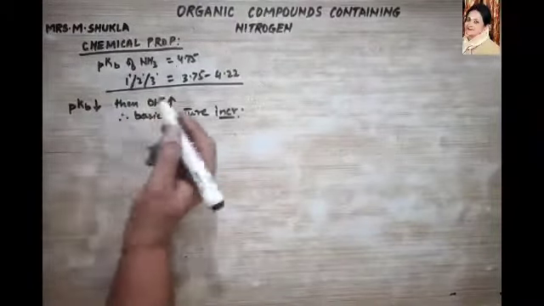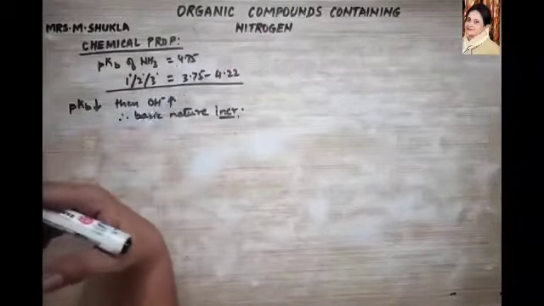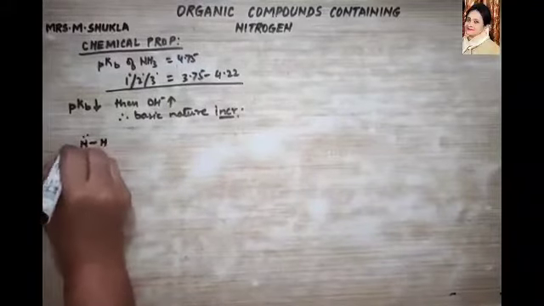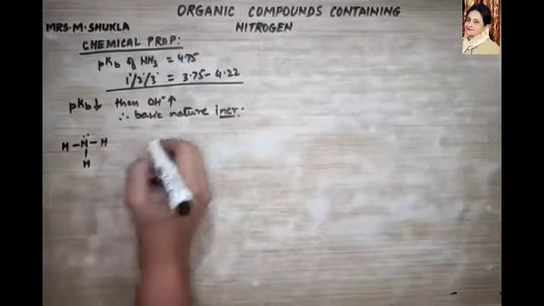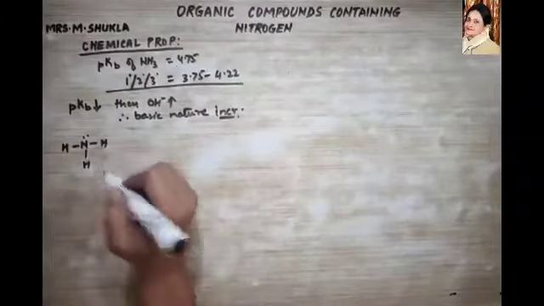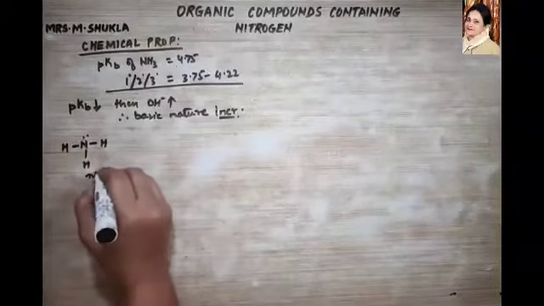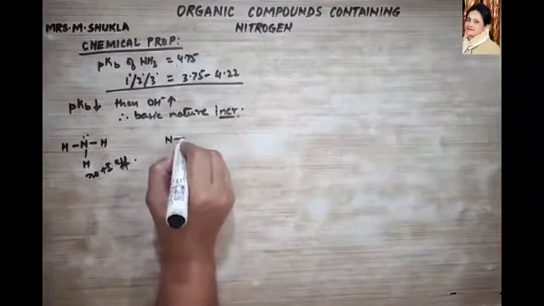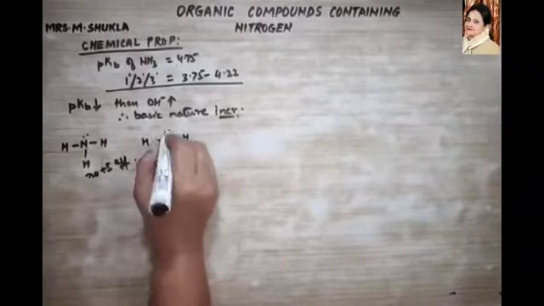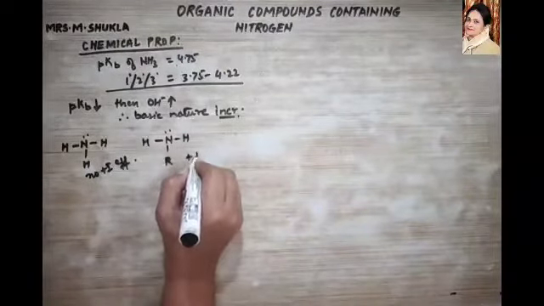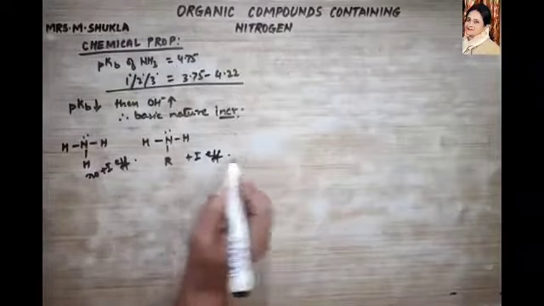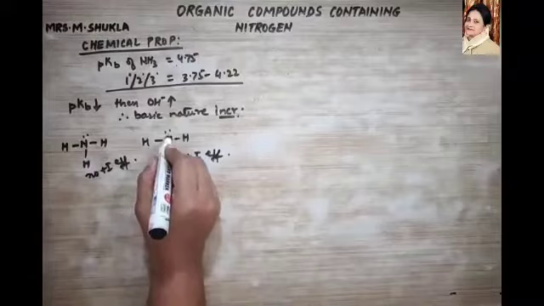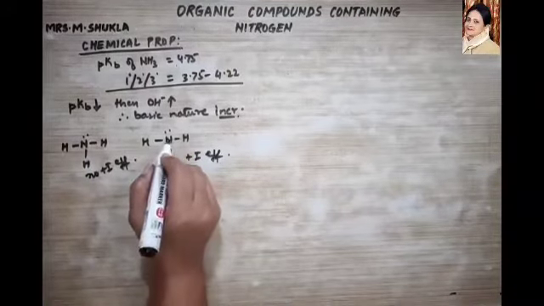Is this very clear? Another way to understand this more clearly is if I write down the formula of ammonia over here and talk about its plus I effect. So what do you see in this ammonia? There is no plus I effect over here. Whereas if I write down the primary amine over here, it shows one plus I effect. What is that plus I effect? It means to push the electrons more towards the nitrogen.